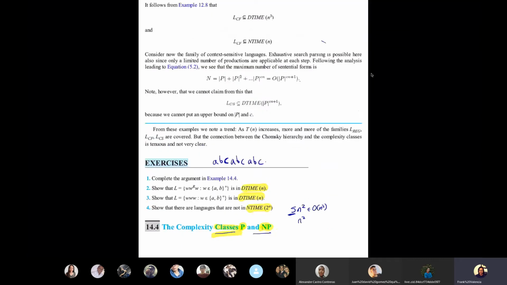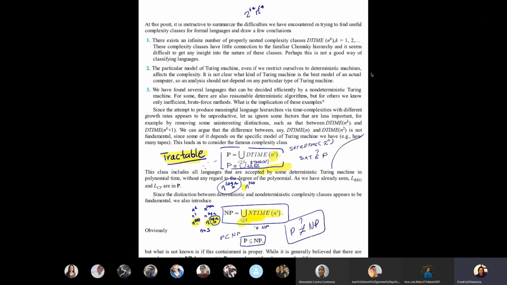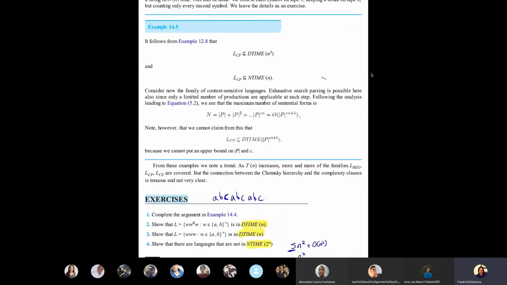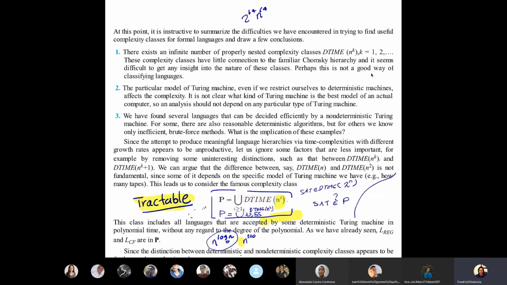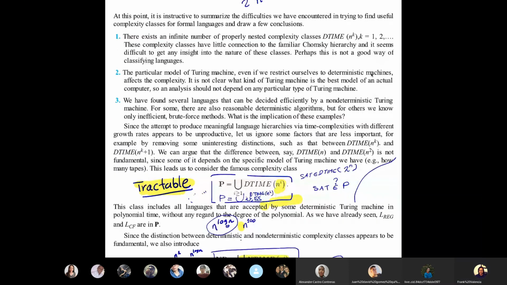Okay, so let's go to the most important complexity classes there are. Basically, in complexity theory, there are two important classes of problems.